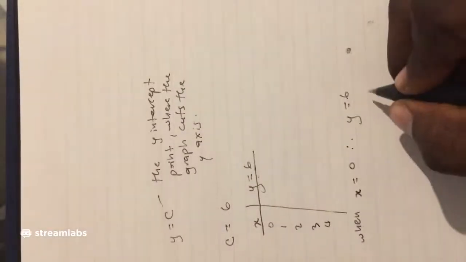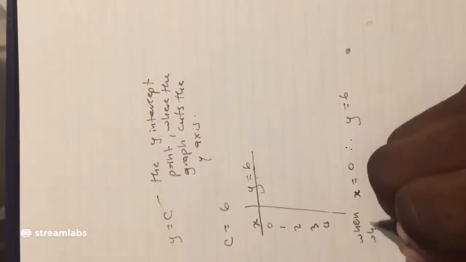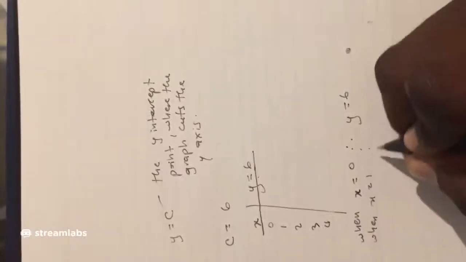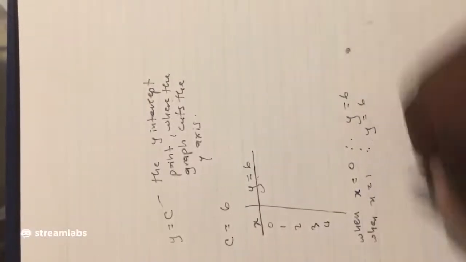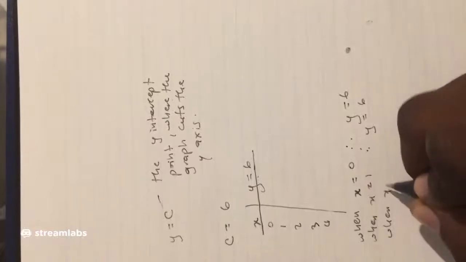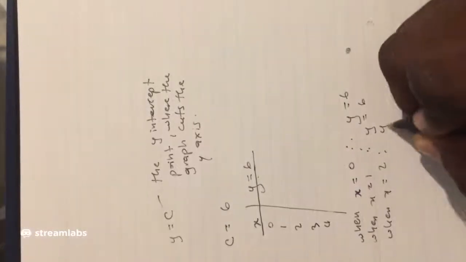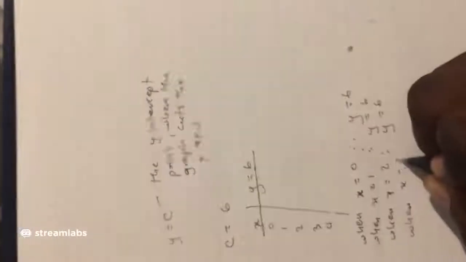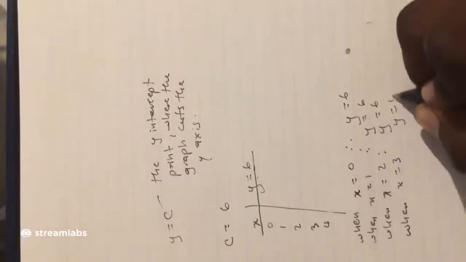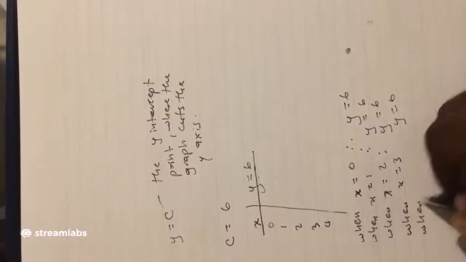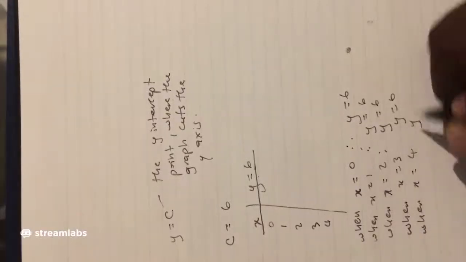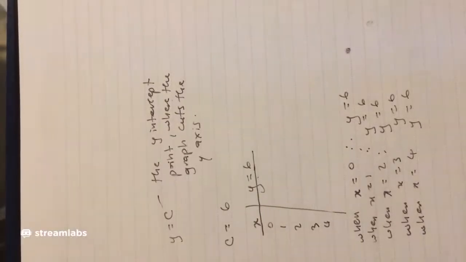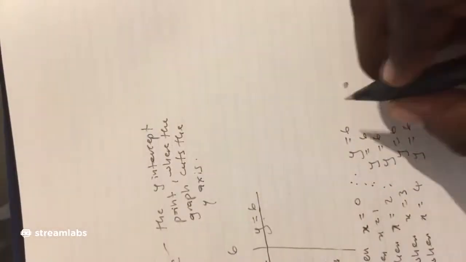So for any value of x, y is going to be equal to 6. When x is equal to 0, y is equal to 6. When x is equal to 1, y is equal to 6. When x is equal to 2, y is equal to 6. When x is equal to 3, y is equal to 6. When x is equal to 4, y is also equal to 6.